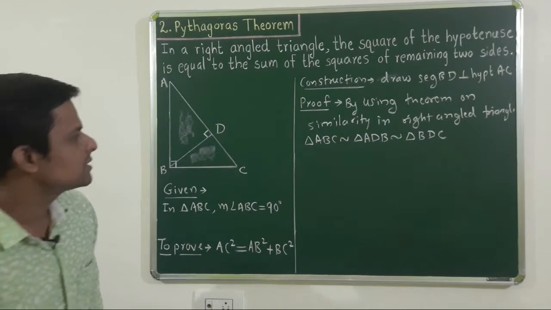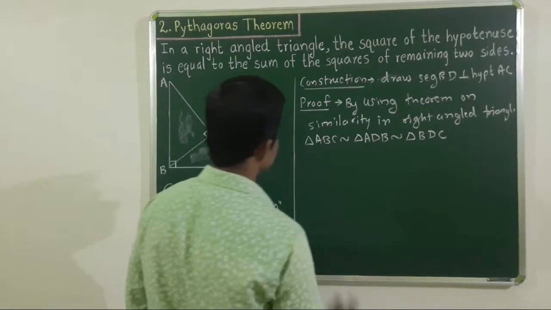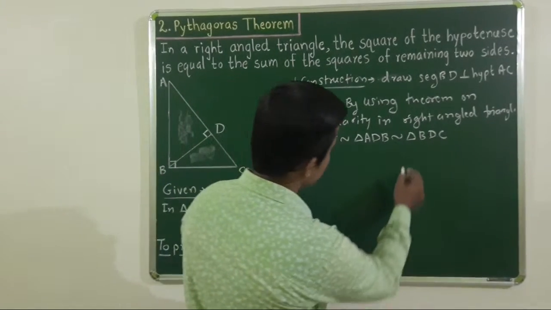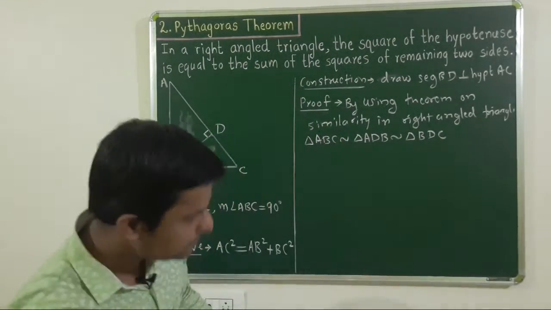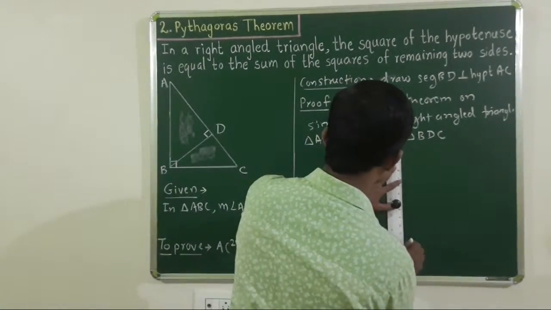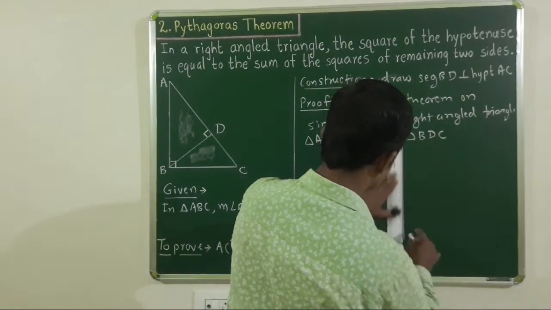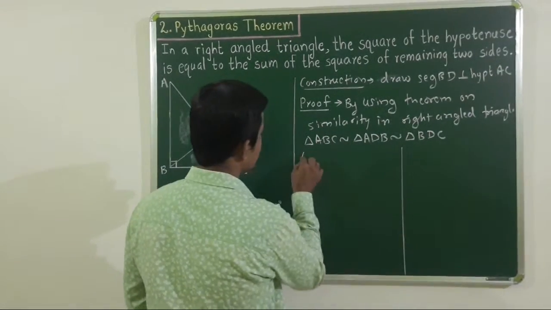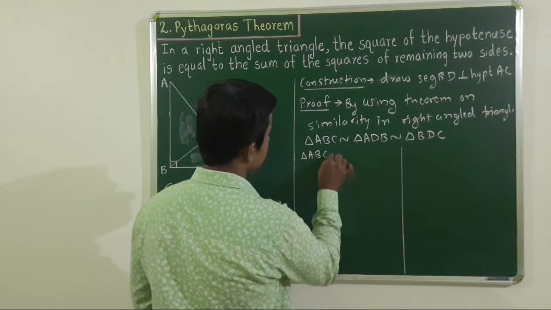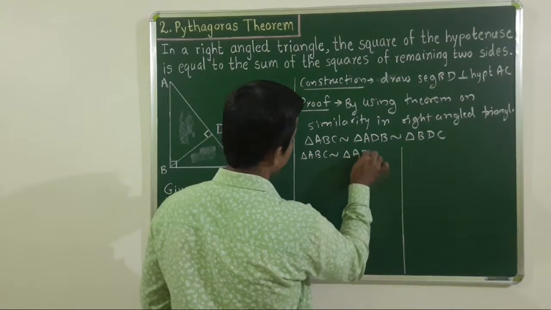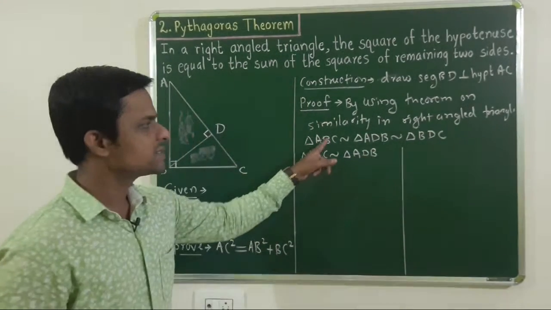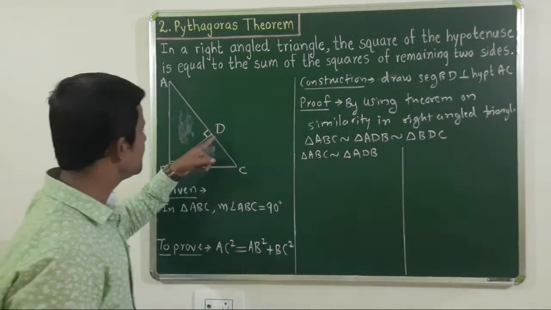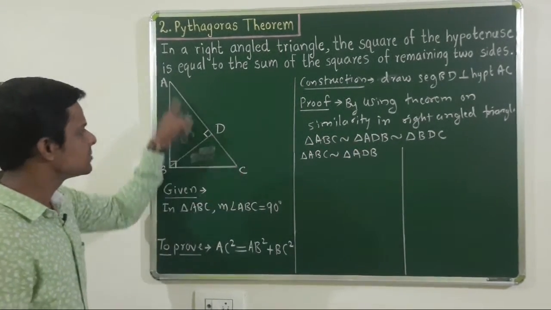Now out of these three triangles, we will choose two triangles at a time. We will take this pair first, that is triangle ABC is similar to triangle ADB.